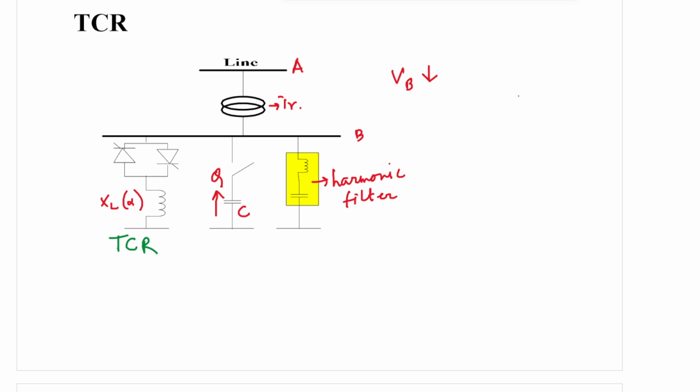The question comes, how can the dip in voltage magnitude VB be brought to nominal value?